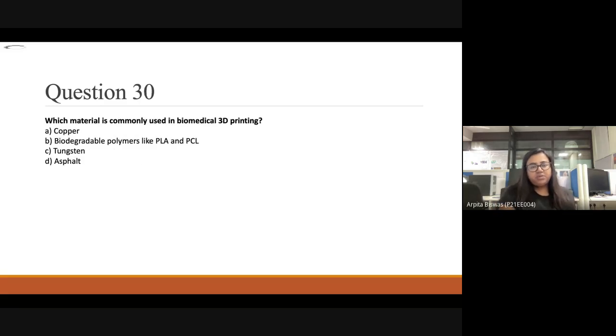Which material is commonly used in biomedical 3D printing? Copper, biodegradable polymers like PLA and PCL, tungsten, or asphalt. So what is the right option here?